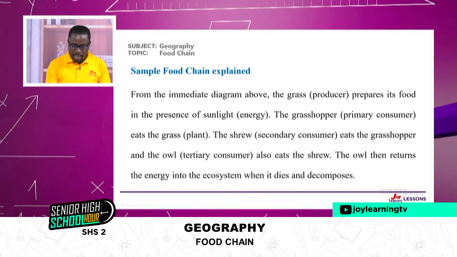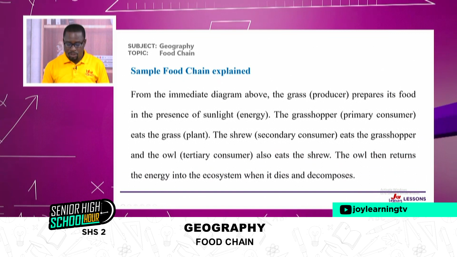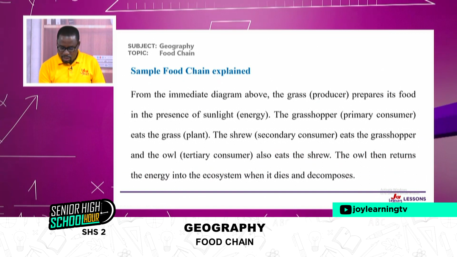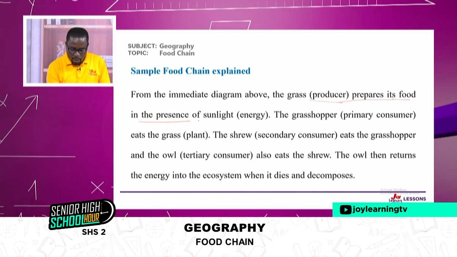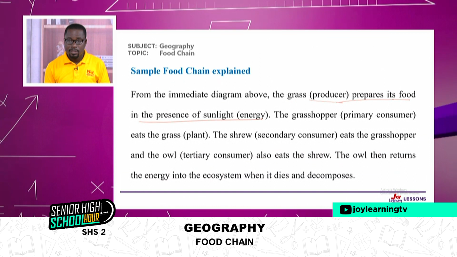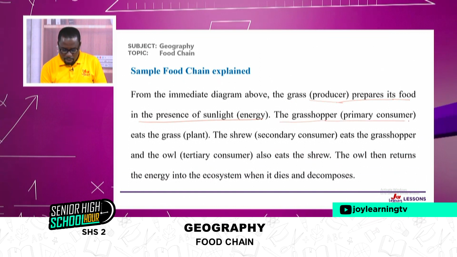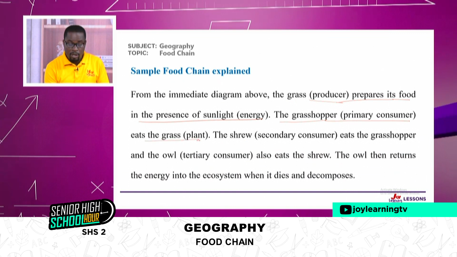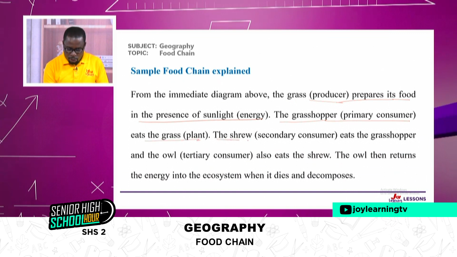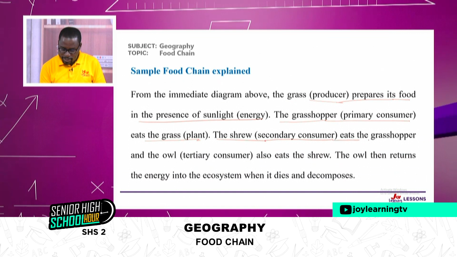So from the immediate diagram above, the grass, which is the producer, prepares its food in the presence of sunlight, that is solar energy. The grasshopper, which is the primary consumer, eats the grass or the plant. The shrew, which is the secondary consumer, eats the grasshopper.